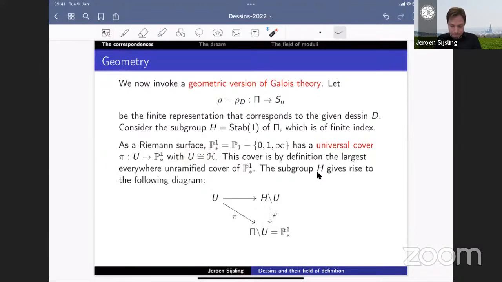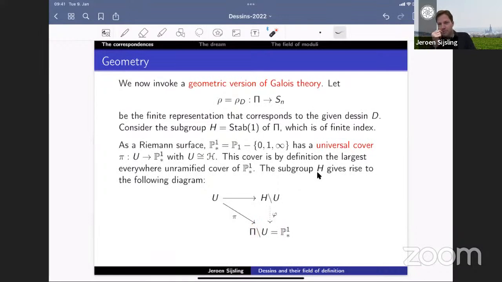Now, what makes this cover universal is by definition the largest everywhere unramified cover of this P1 minus 3 points. And now comes this Galois theory bit, because it turns out that this universal cover from U to P1 star, P1 with 3 points removed, which we call pi, can be interpreted as nothing but the quotient by a group action by this fundamental group pi from before.